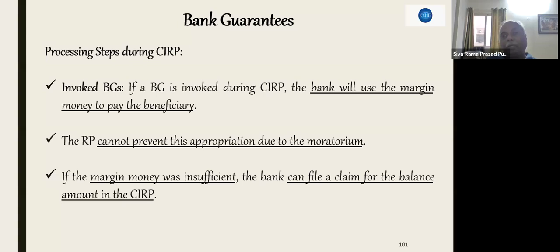The IRP or RP should not discuss this. Simply, whatever the claims are, it is a financial creditor. And after invocation, he also participates in the COC voting according to the amount. All these things are there. The bank can file a claim for the balance amount in CIRP.